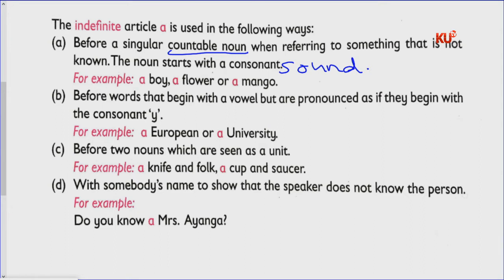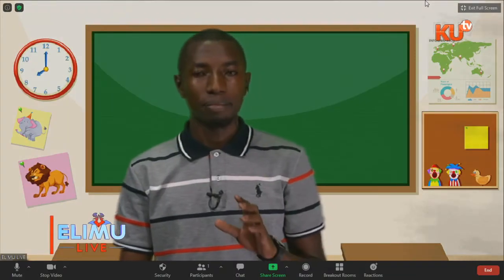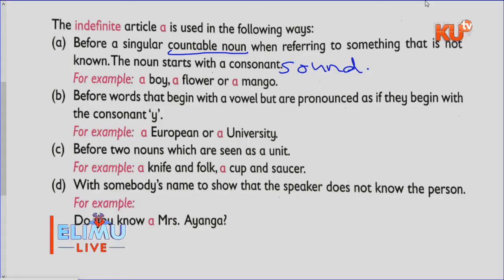So why did I say consonant sound? I said consonant sound because there are some words that start with consonants, but we don't use article a.